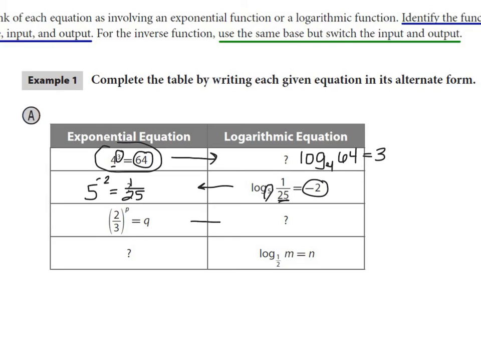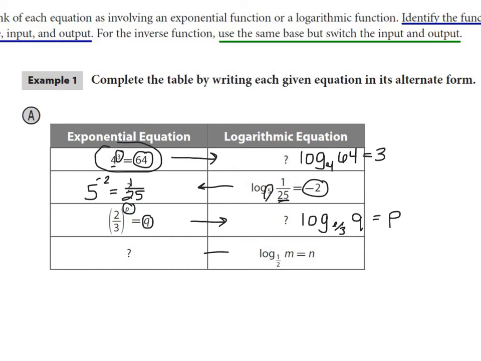All right, let's try another one from exponential to log. Log, my base here is 2/3. Now you don't see that too often, but it could be a fraction. Log base 2/3. Next, the output becomes the input, so that is of Q equals P.